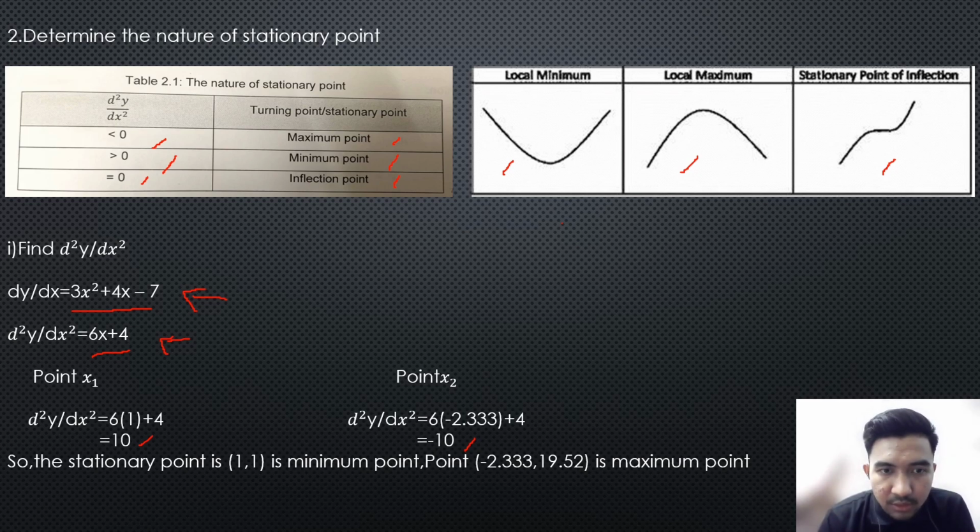So the stationary point 1, 1 is a minimum point, and the second point negative 2.333, 19.52 is a maximum point.